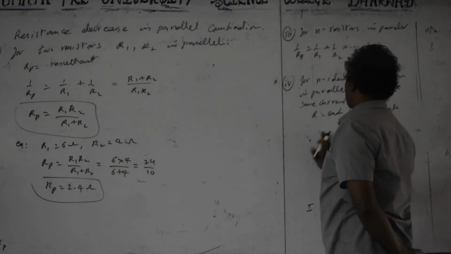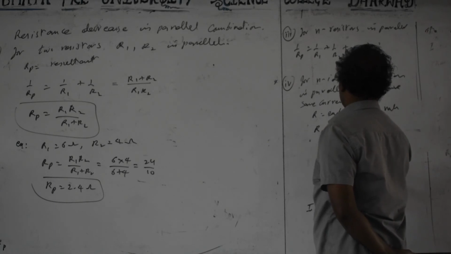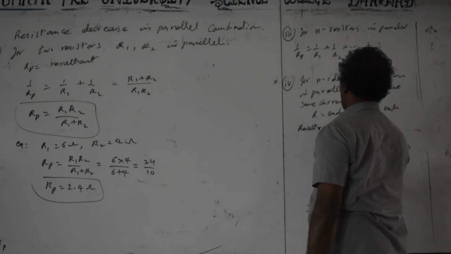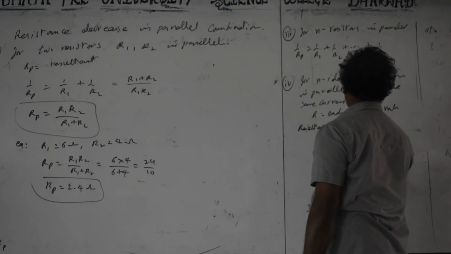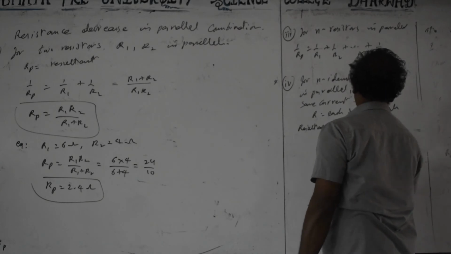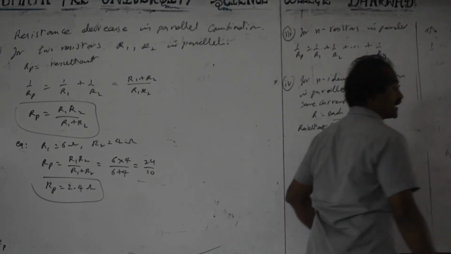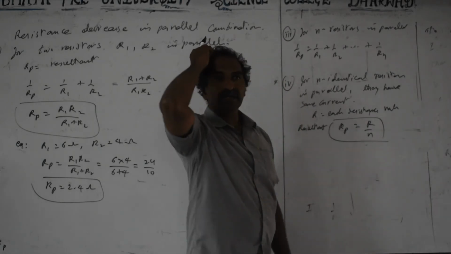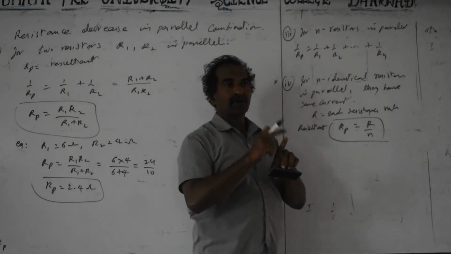So the resultant R parallel is equal to R by n. Previously for the series combination it was nR; here it is R by n. And about the current: current is equally divided among all. So I equals I1 plus I2 plus I3.